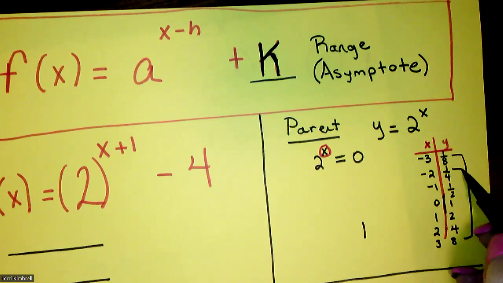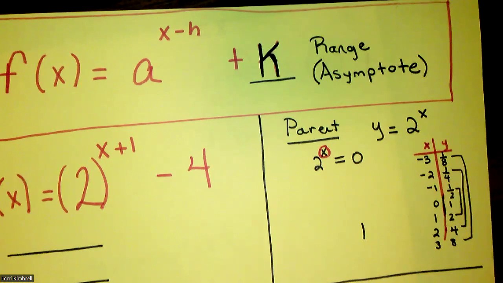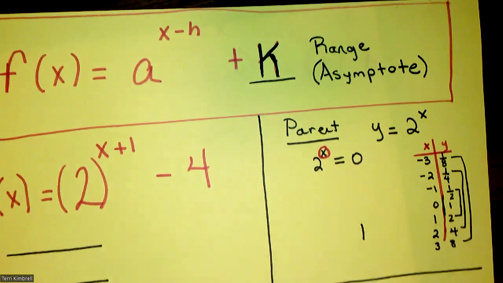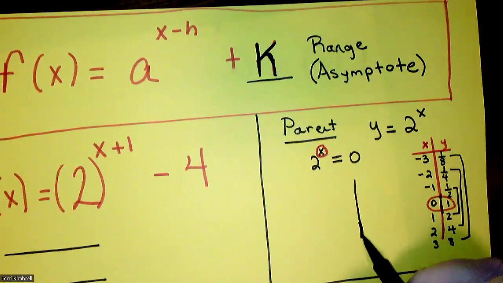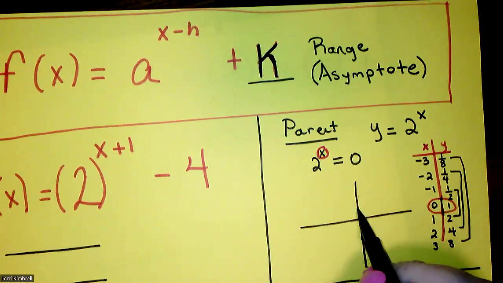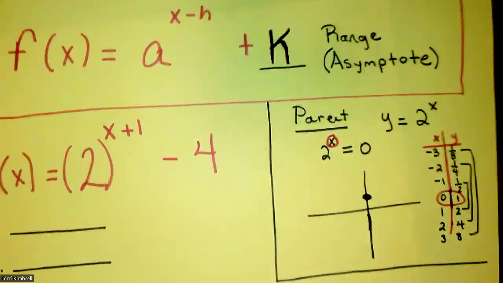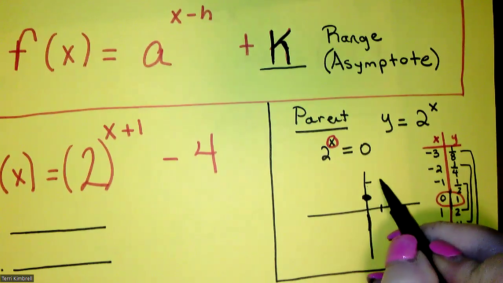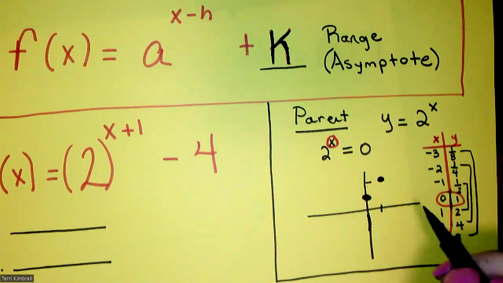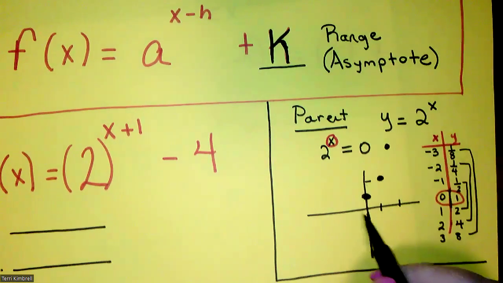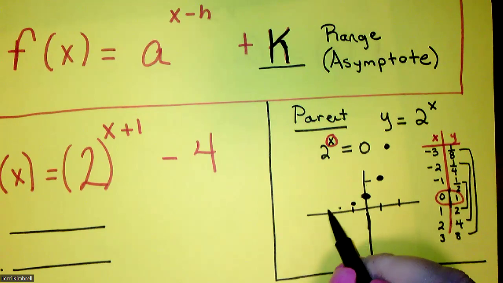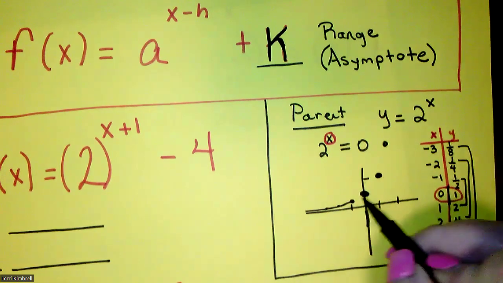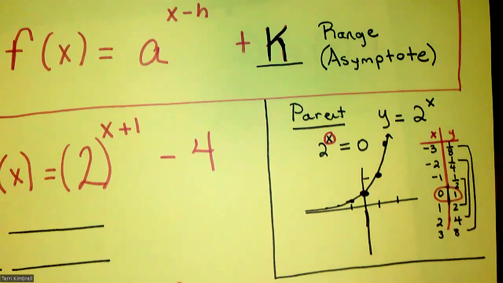So notice that these numbers are just kind of flipped with your reciprocals, but you're never going to get 0 out, okay? So 0 would give you 1, which is your y-intercept. That would be right there. And if you were to graph 1, 2, and then you would go to 2, 4, and so forth. Notice when you go to -1, 1/2, and then it just gets closer and closer, but it's never actually going to touch 0.